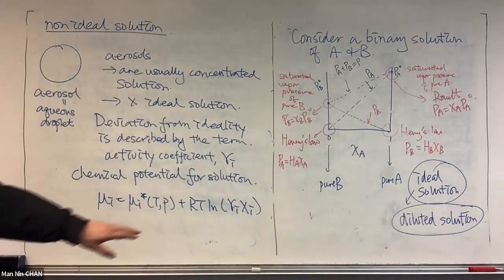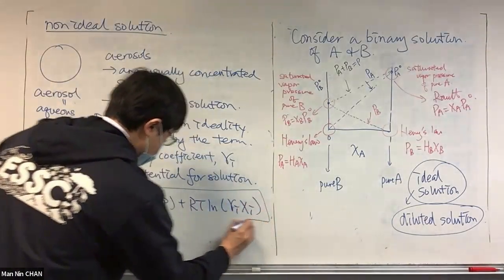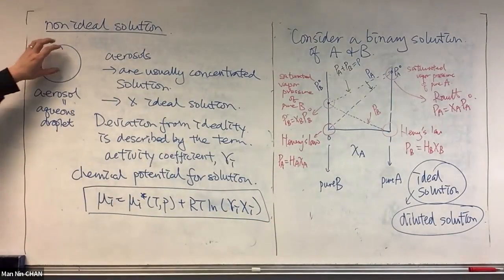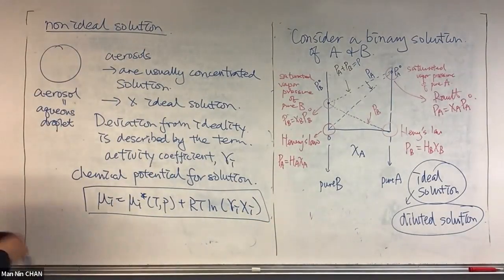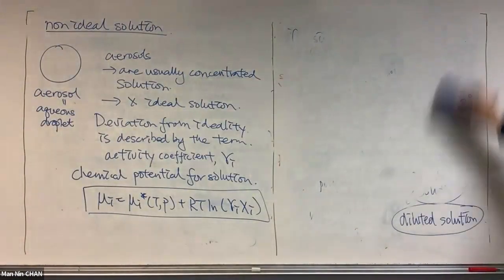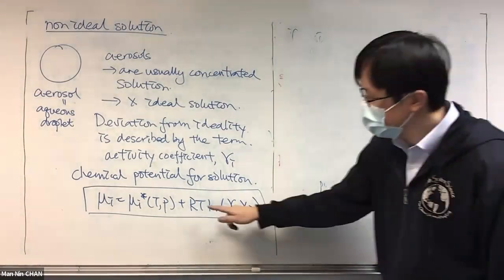Right, so you need to times this activity coefficient into your solution phase, in your aerosol, okay. So to do the correction, so this is called the activity coefficient.